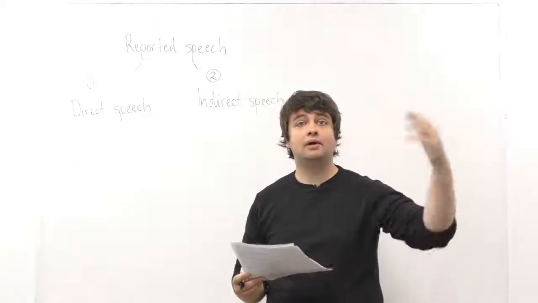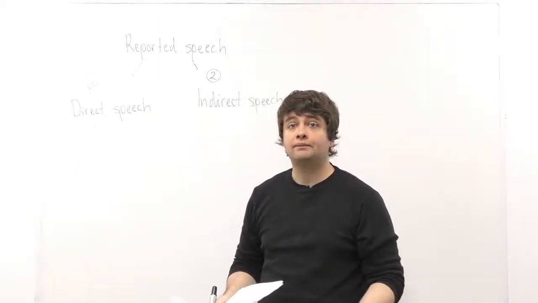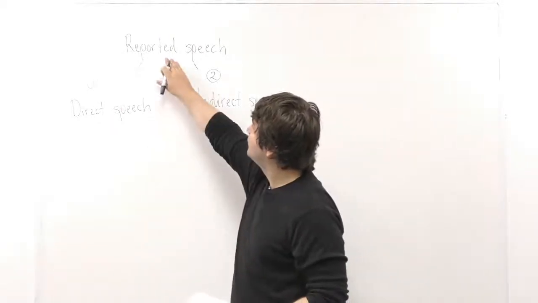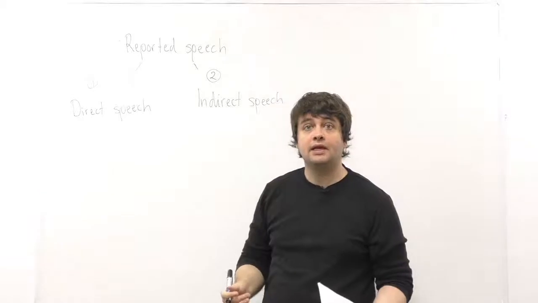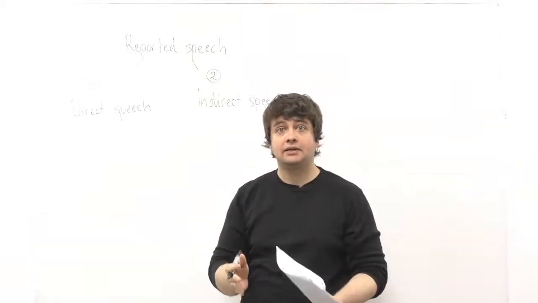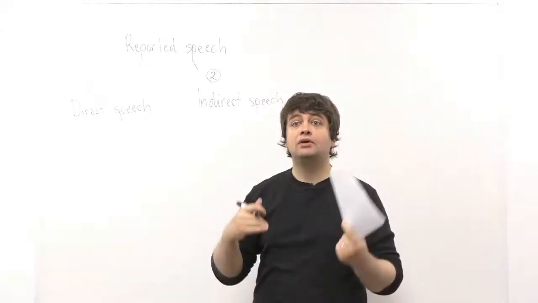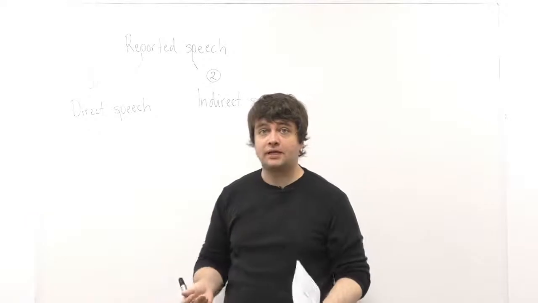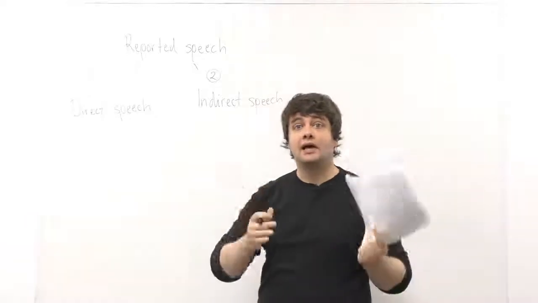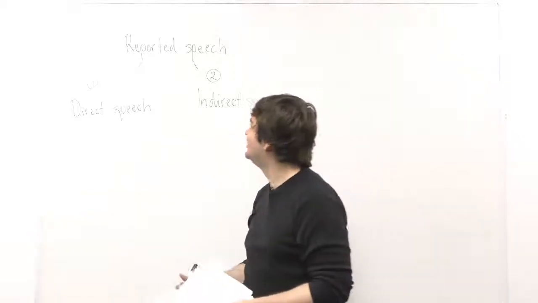And later I see my colleague Paul. And Paul says, "Hey, where is John?" And I want to report what John said directly. I could simply say, "He said he is sick." And that's it. I give them a direct copy of what he said, right? Or he said, "I am sick." Right? Sorry, I should have said "I am" because he said "I am sick," right?